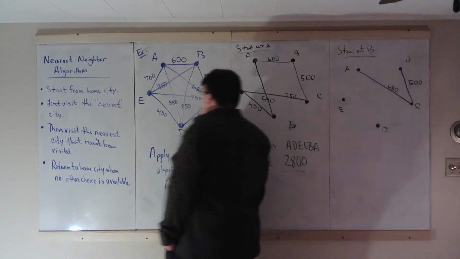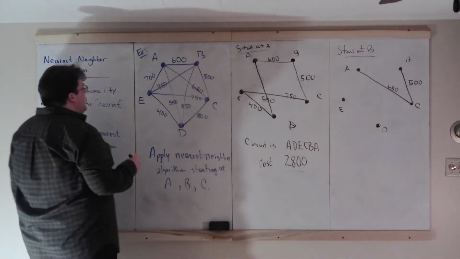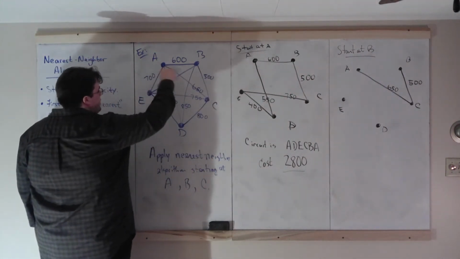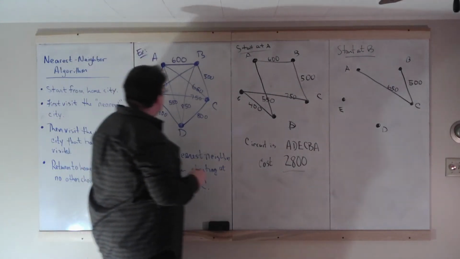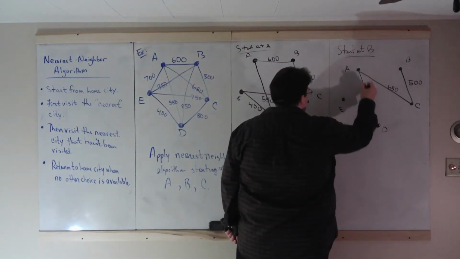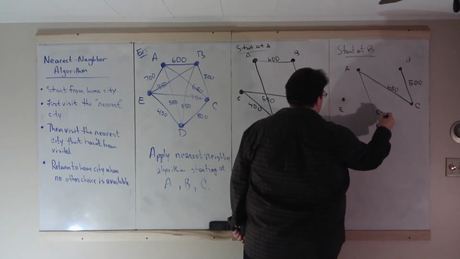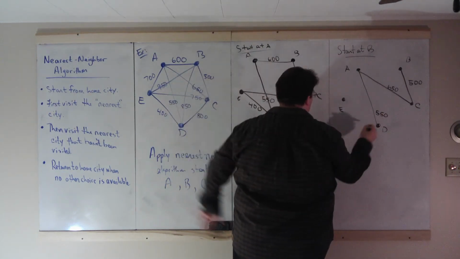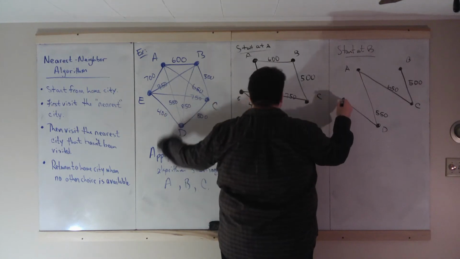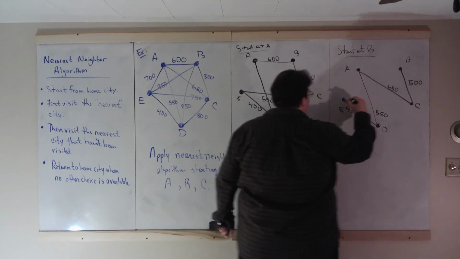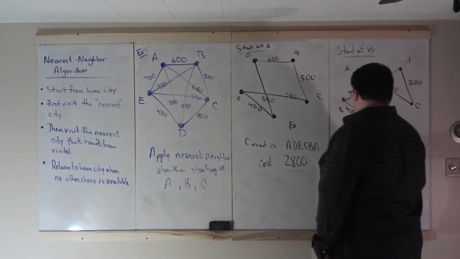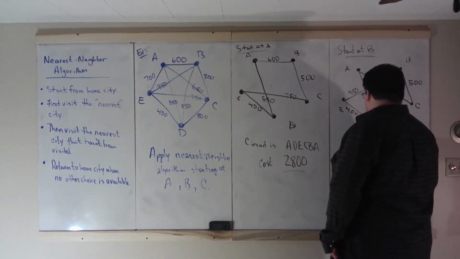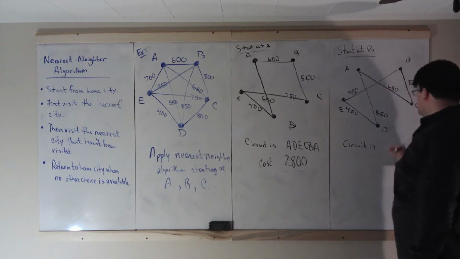Now from A, what do we have? Well, we can't go back to B or C. We need to go to E or D first. 700, 550. So we'll choose the 550. And then from D, we can only go back to E, which is 400. And then back to B, which is 950. So here the circuit is, what was it?